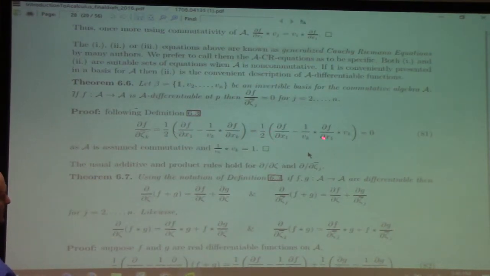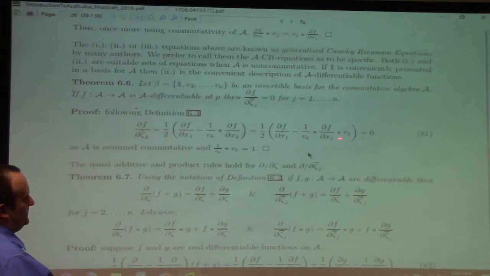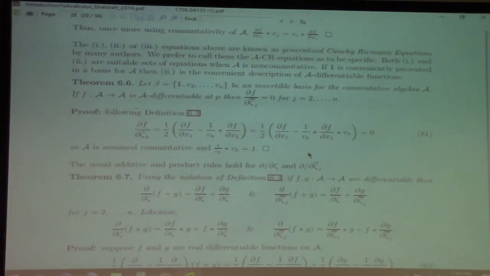Well, you notice if f is a-differentiable, what do I get? This can be rewritten as partial f partial x1 times vk, which then when you commute, these two guys cancel because I have to work with an invertible basis. 1 over vk has to be defined. And so that works out to the difference of partial f partial x1, which is 0.